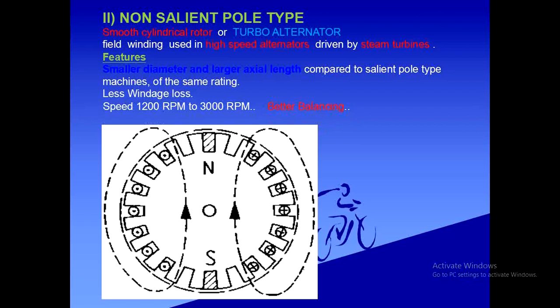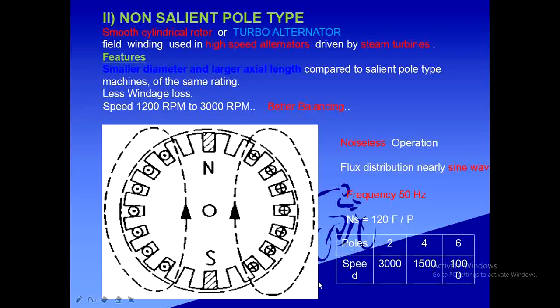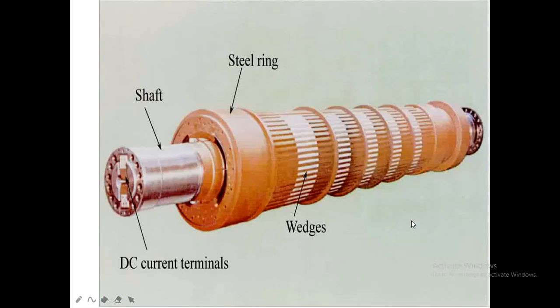It is generally used for high speed machines, with speeds of 1200 rpm to 3000 rpm, in the turbo alternator, where the speed of the machine is given by 120 F by P, where F is the supply frequency and P is the number of magnetic poles in the machine. This is the figure of the non-salient pole type alternator.